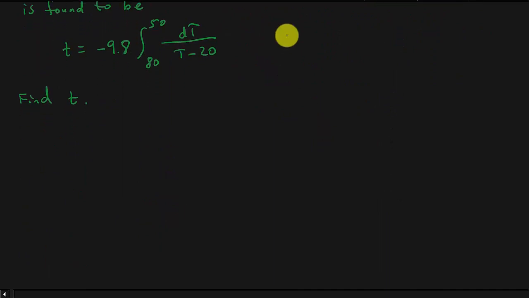To do this, we're going to let u equal capital T minus 20. So du is equal to dT, because the derivative of this is 1. And so I have t is equal to negative 9.8 integral.